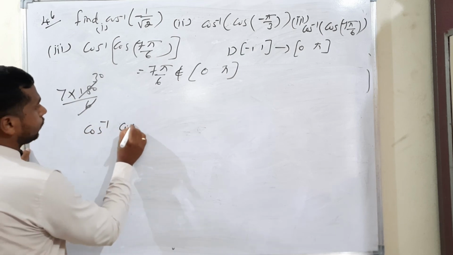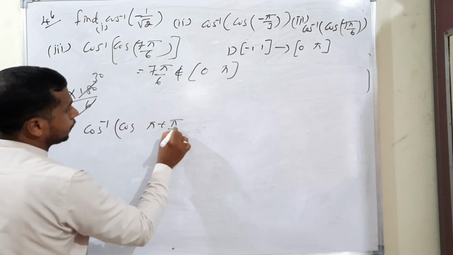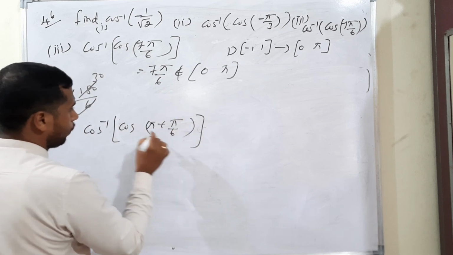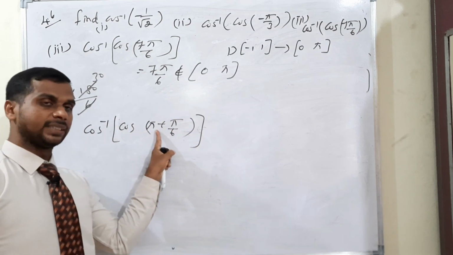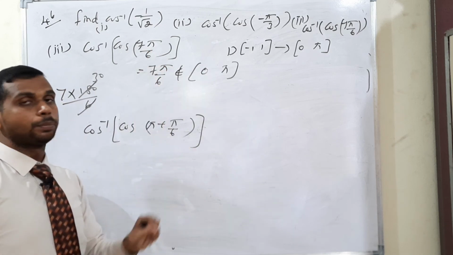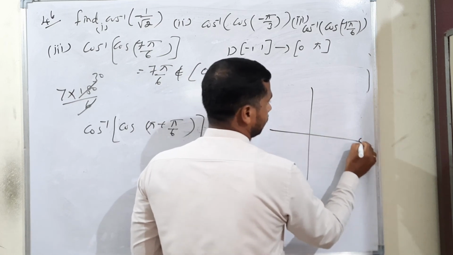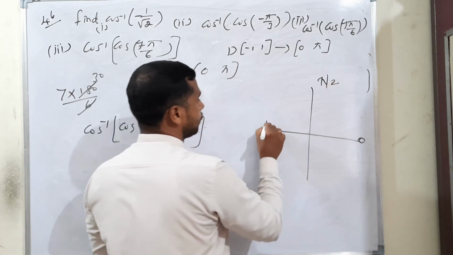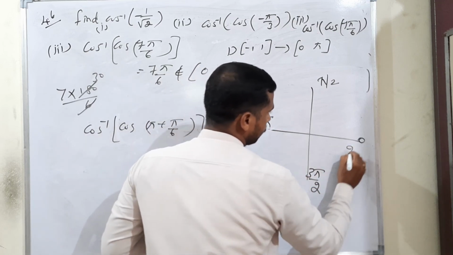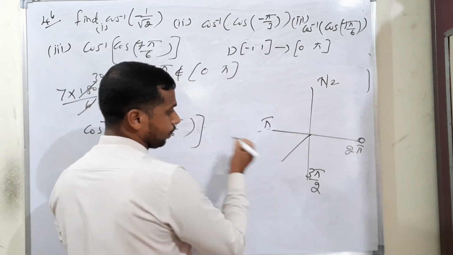Expand it as pi plus pi by 6: 6 pi plus pi gives 7 pi by 6, so instead of 7 pi by 6 I have written pi plus pi by 6. On the unit circle, 0, pi by 2, pi, 3 pi by 2 and 2 pi, moving on, pi plus means it lies in the third quadrant.